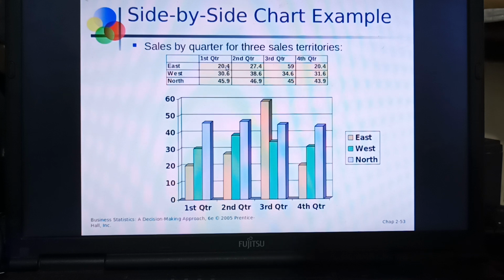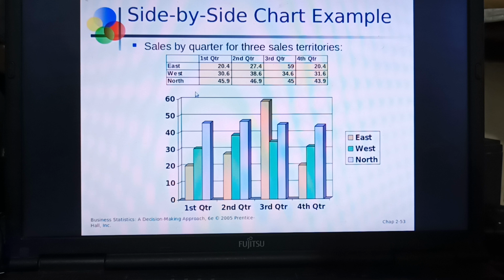Remember class, this is time series data because this is time, quarter. A quarter is like 3 months. For 4 quarters, that's 12 months.